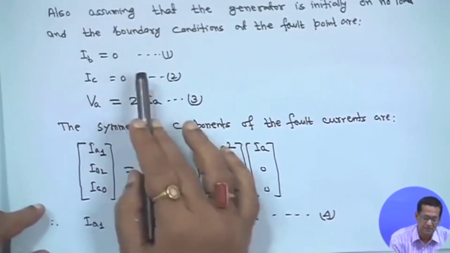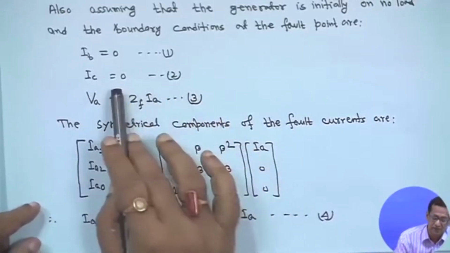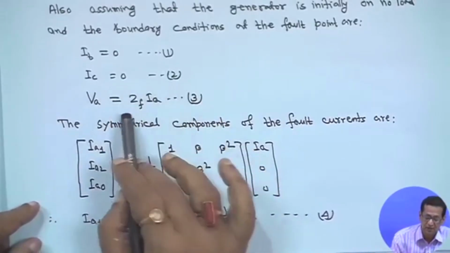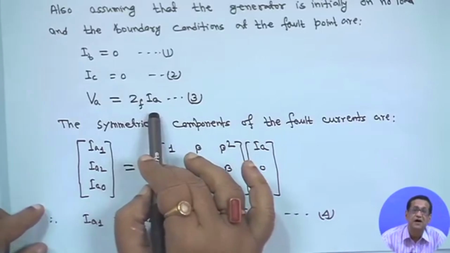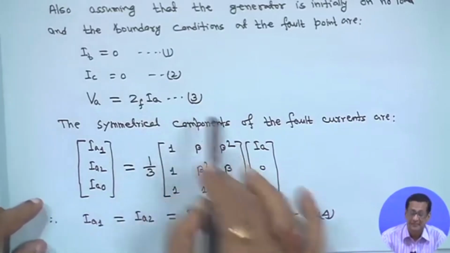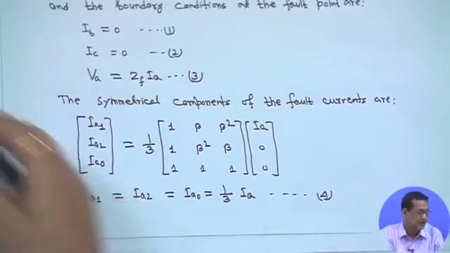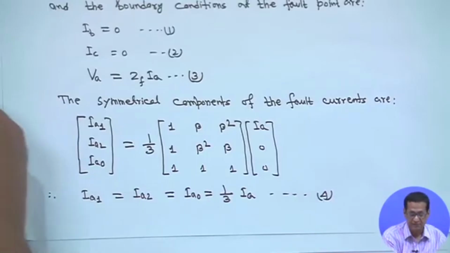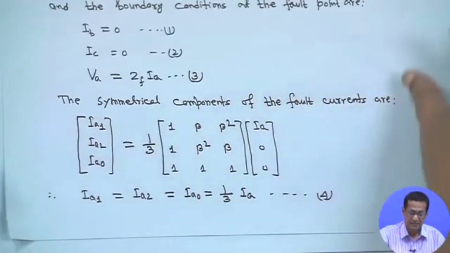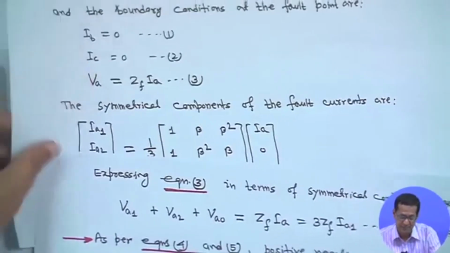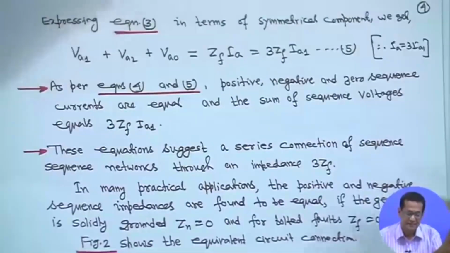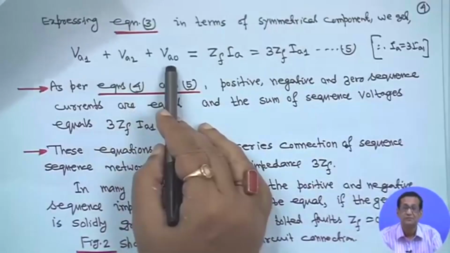We have marked IB equal to 0 as equation 1, IC equal to 0 as equation 2, and VA is equal to Zdf into IA as equation 3. If we express equation 3, VA is equal to VA1 plus VA2 plus VA0.